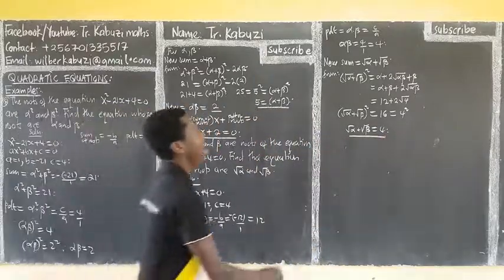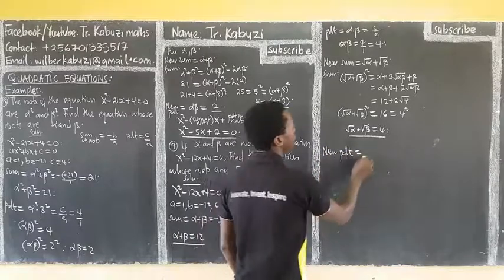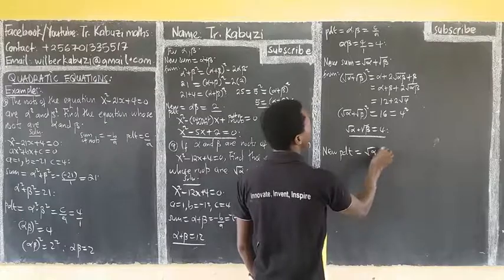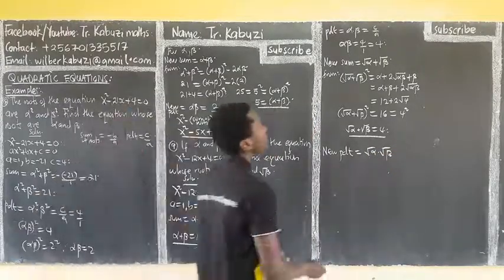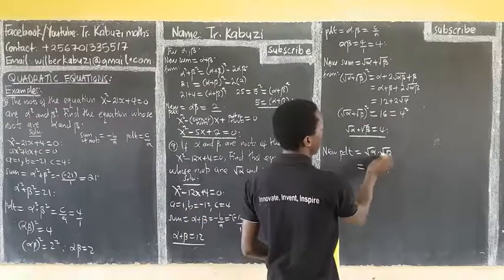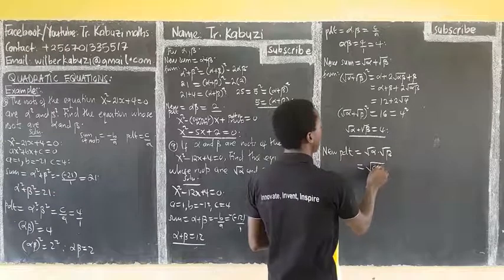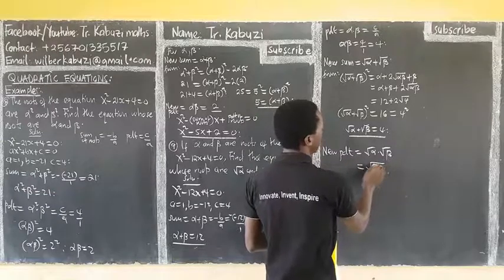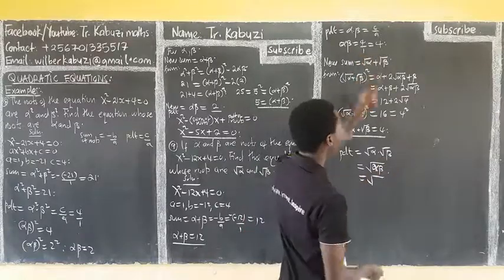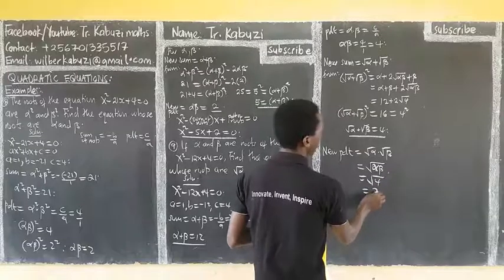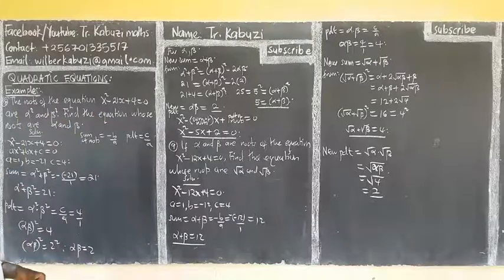Now I come for the new product. My new product is going to be root alpha times root beta. When you multiply the roots, it's the same as multiplying the numbers together. Our alpha beta is 4, and so this is going to give us a 2, as simple as that.